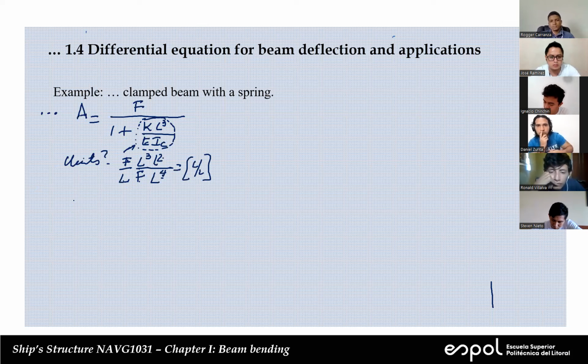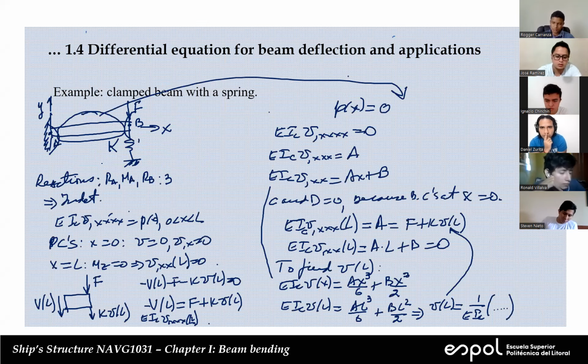Okay, now, any questions so far? Any questions, people? Any questions in the process? Now, what would happen if K would be very large? See, the stiffness of the spring would be very large.